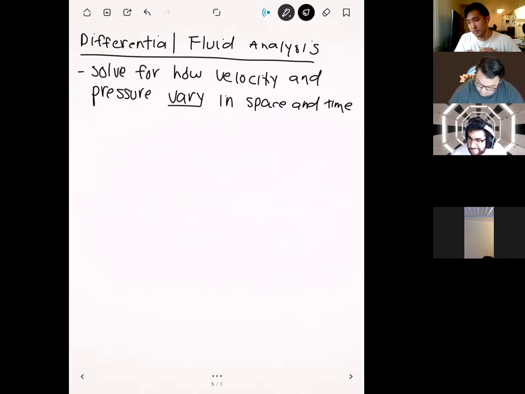So in other words, what we're going to be solving for is the velocity and pressure fields. Okay.